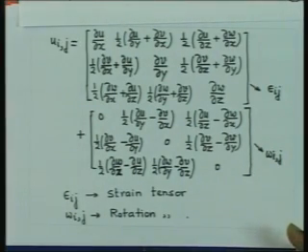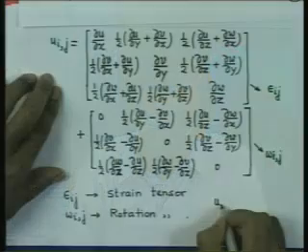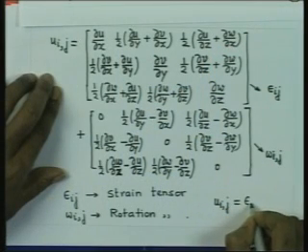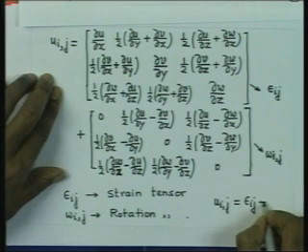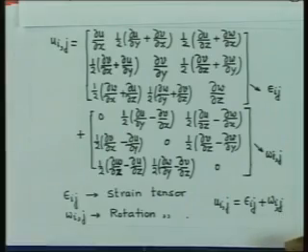So, you can see that the relative displacement tensor Uij is nothing but the sum of the strain tensor and the rotation tensor. Epsilon ij will indicate the strain, and I am sorry, this will indicate wij.